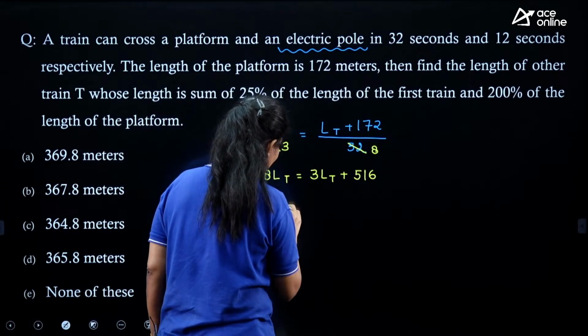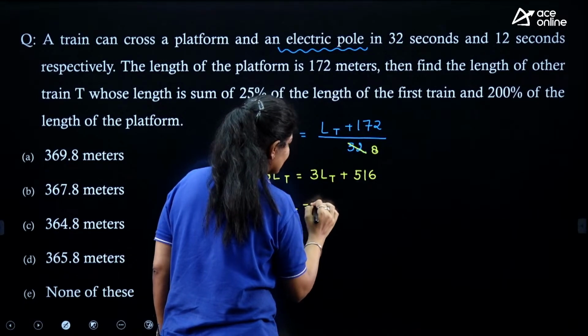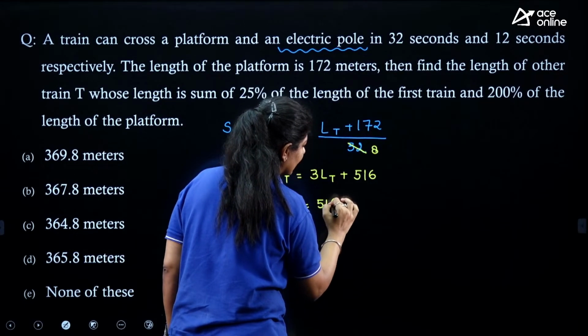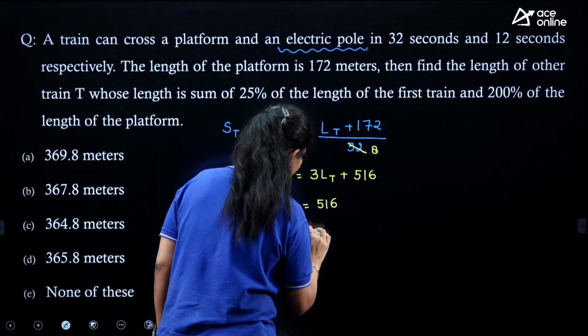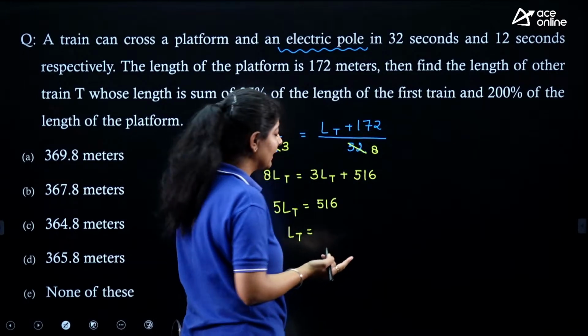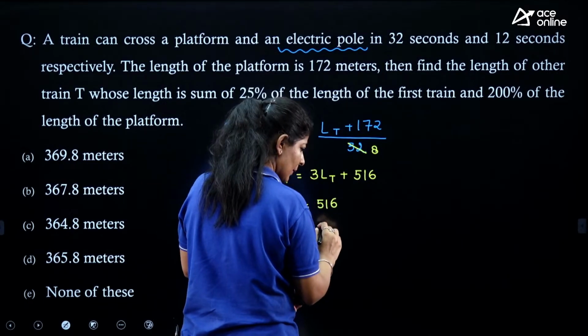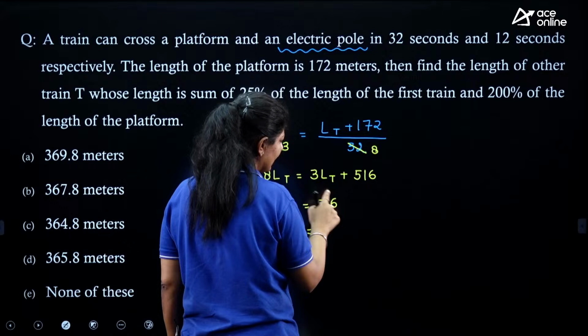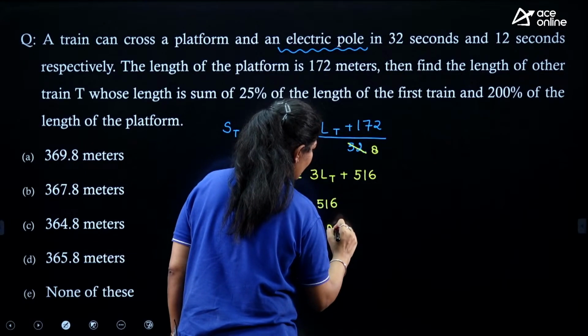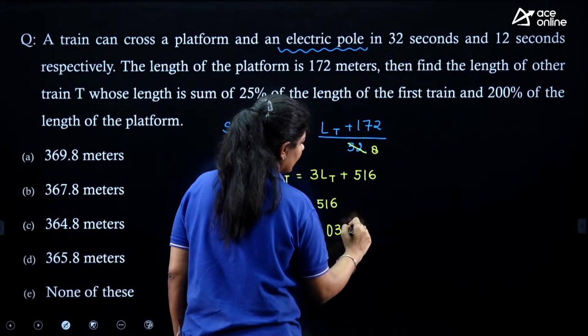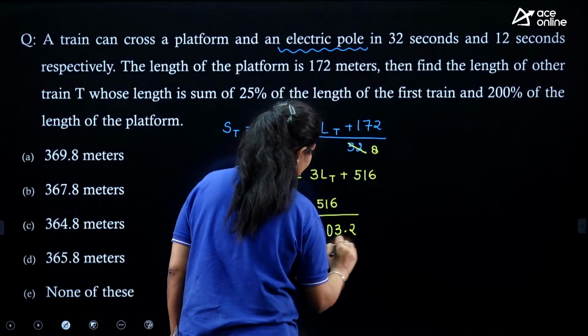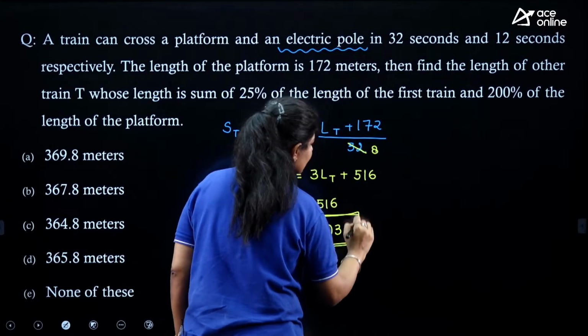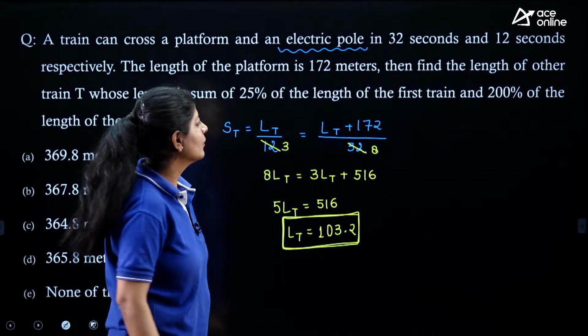We are getting 5 LT. 5 LT is nothing but 516, right? So the length of the train that we are getting over here is 103.2. This is the length of the train that we got over here.